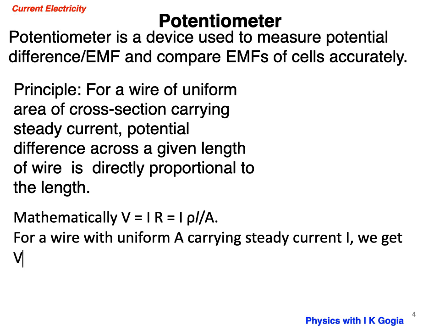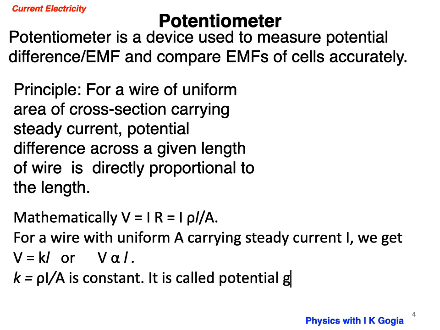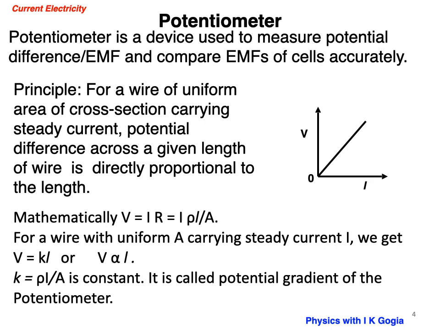You can write V equal to KL, where K replaces rho I by A. It's a constant and it is called the potential gradient of the potentiometer. The graph between V and L is a straight line.